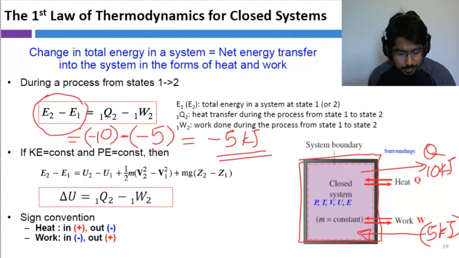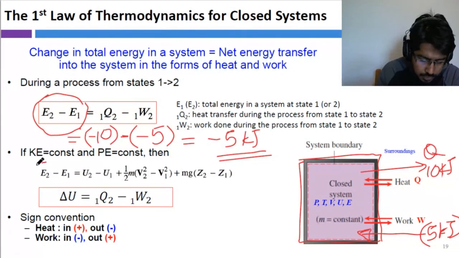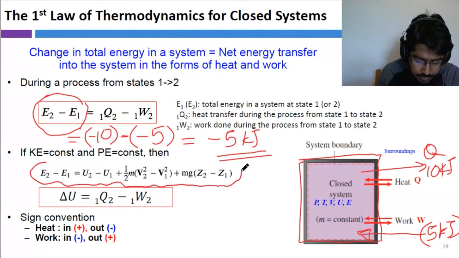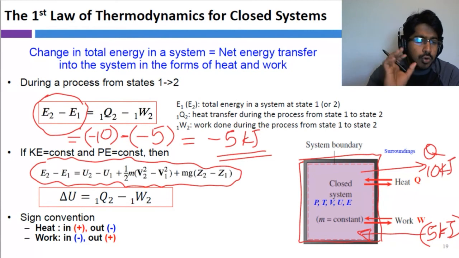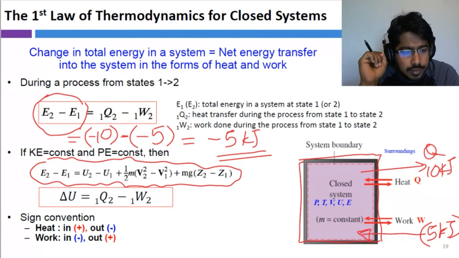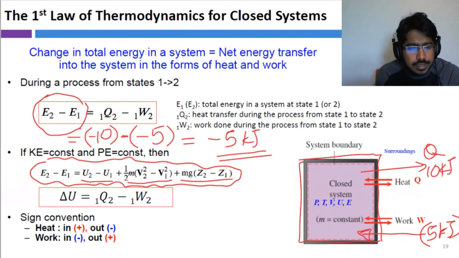Now the other relationship that we learned in lecture 4: the total energy change of a system during a process is equal to the internal energy change, which is U2 minus U1, plus the kinetic energy change plus the potential energy change.